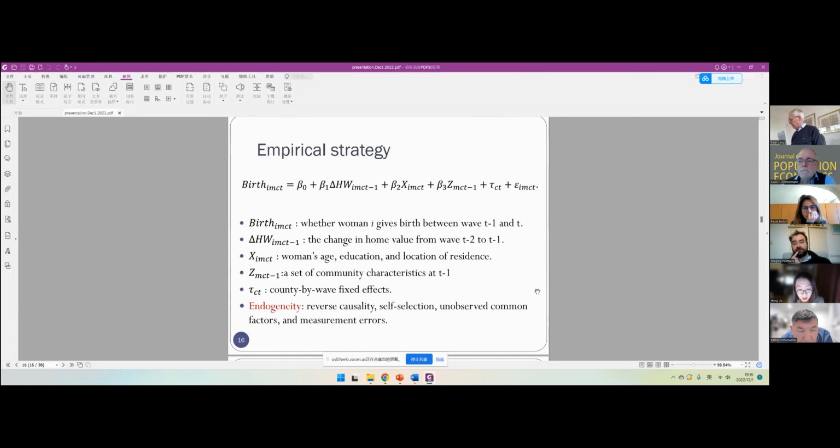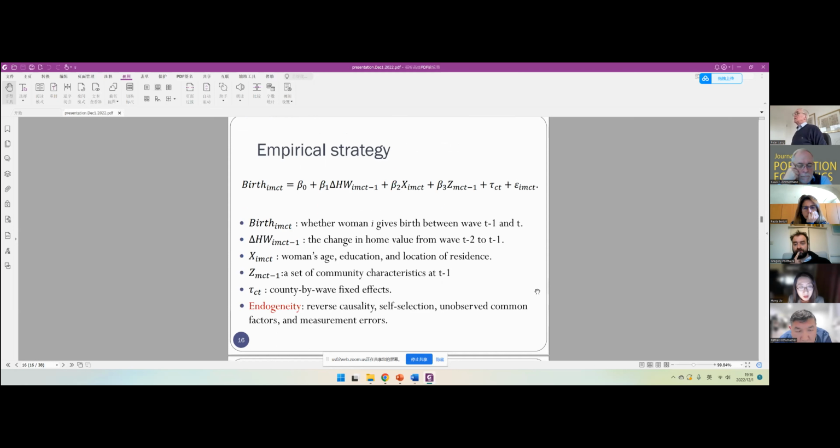This is our econometric model. Here, i, c, n, t denote individual, community, county, and period. The dependent variable, birth, is a binary variable indicating whether woman i gave birth in the previous 2 years, that means between 2 waves.